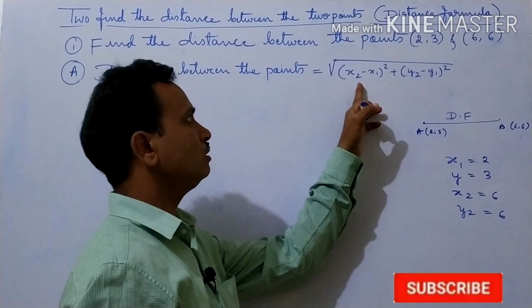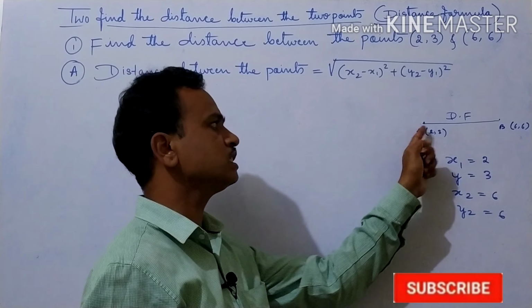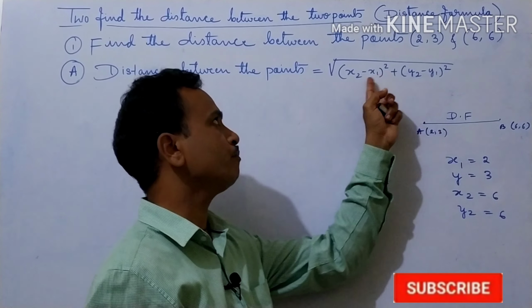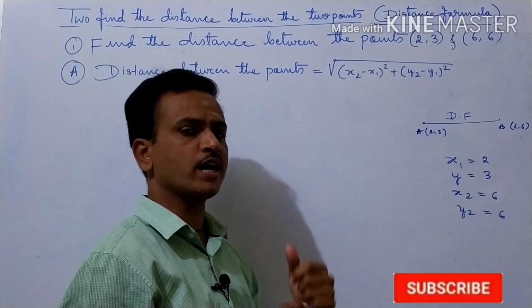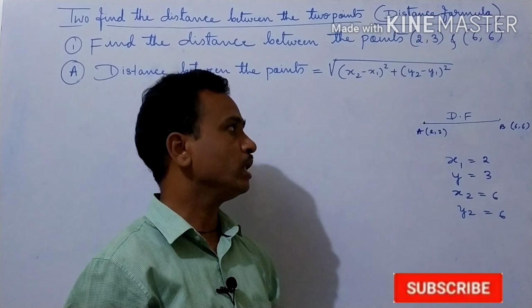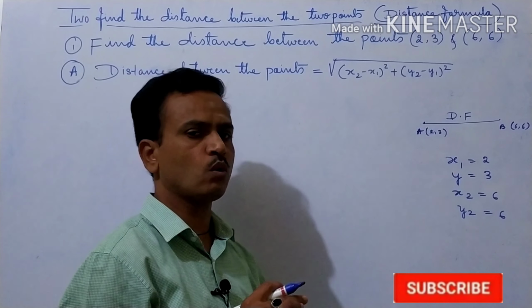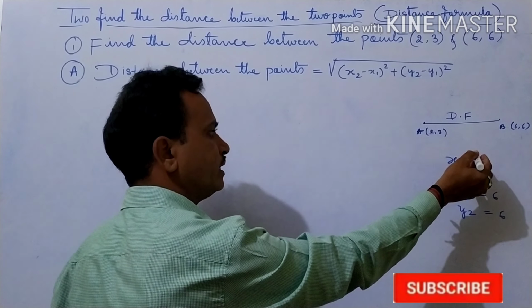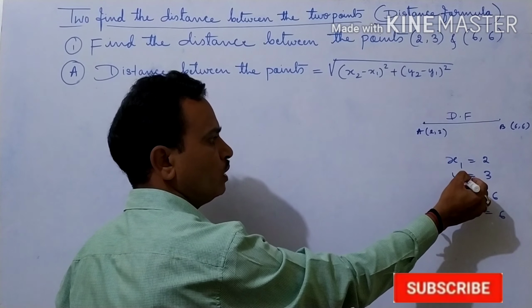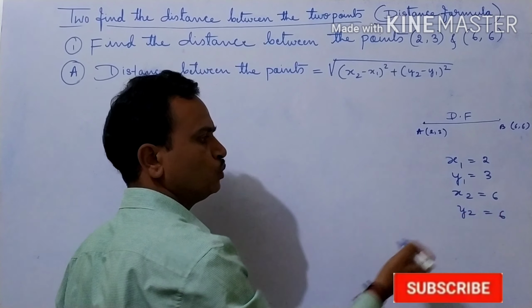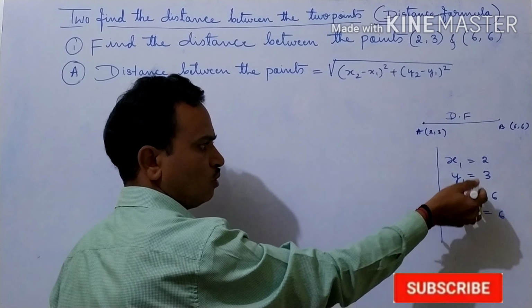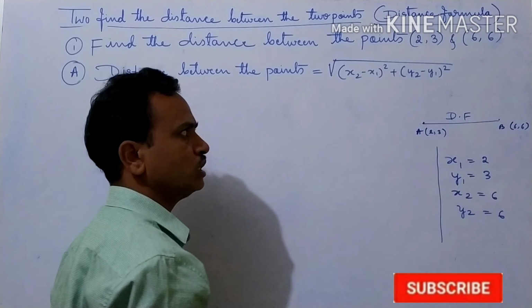When the question asks to find the distance between two points, you should remember this formula: square root of (x2 minus x1) whole square plus (y2 minus y1) whole square. Write the x1, y1, x2 and y2 values in rough column, then substitute all these values in this formula.